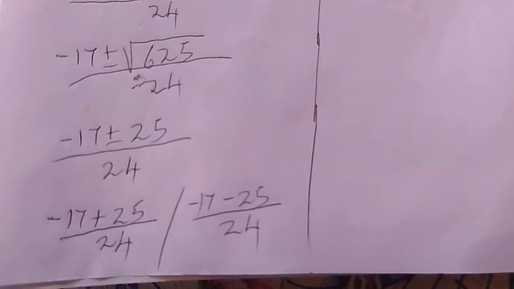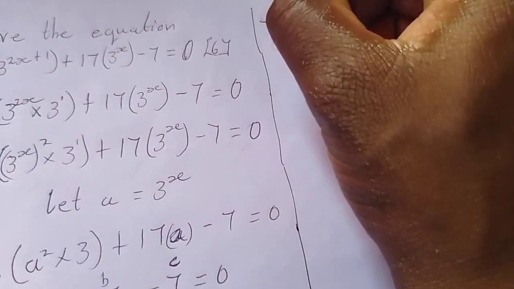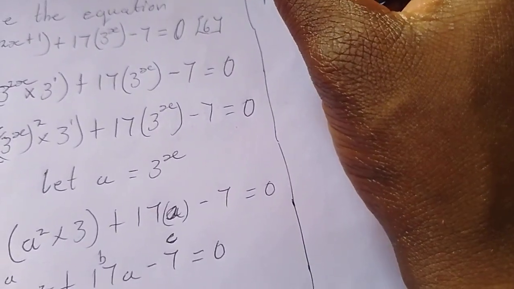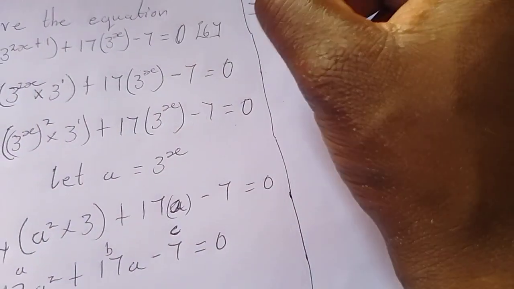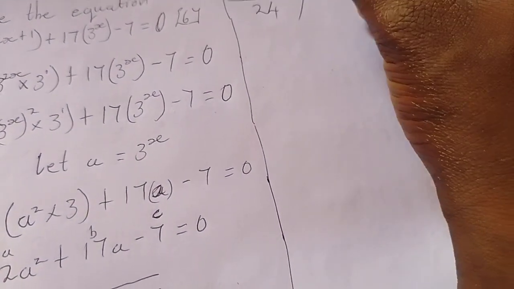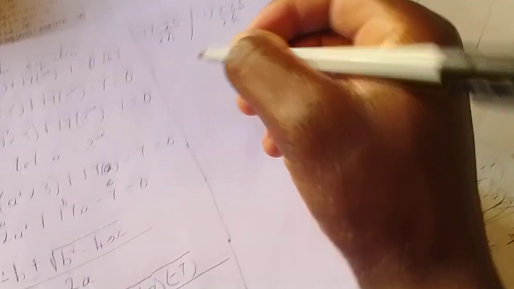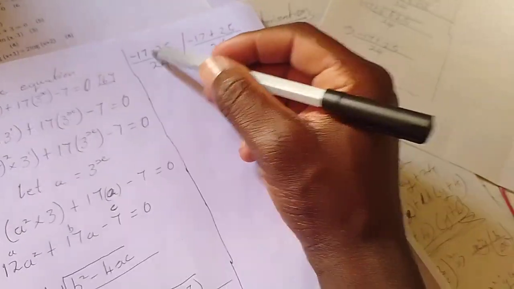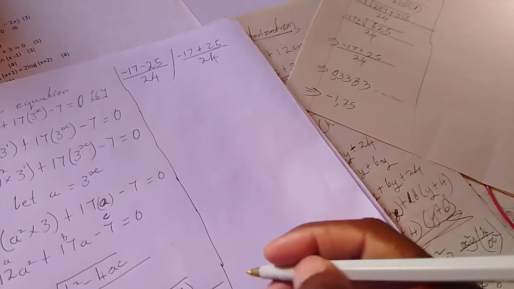Then we continue from here. Minus 17 minus 25 over 24, or minus 17 plus 25 all over 24.